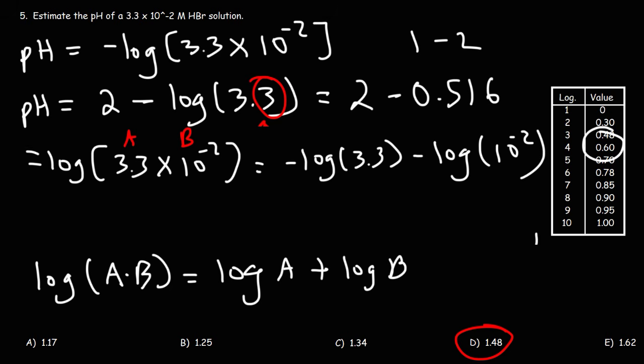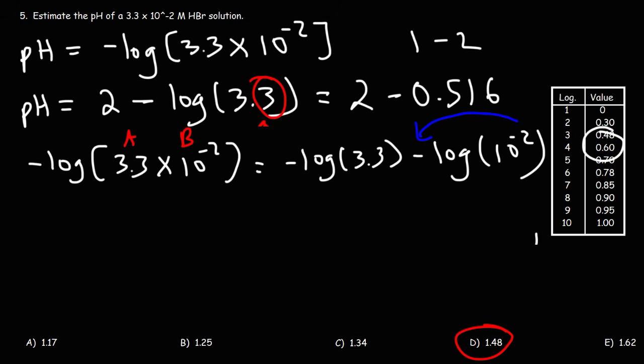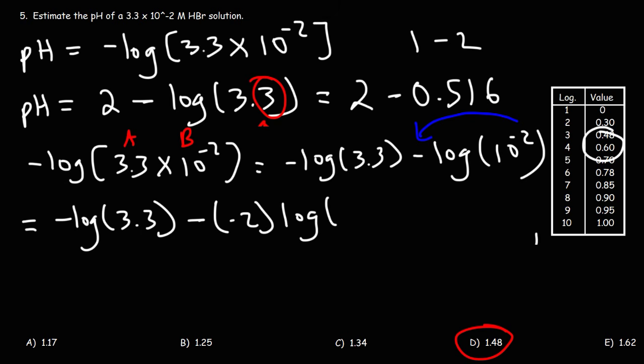We have to distribute the negative sign. Now what we can do is take the negative 2, move it to the front, as was mentioned before. So this is going to be negative log 3.3 and then minus negative 2 log 10. Now log 10 is 1 because if you don't see a base, it's always assumed to be 10.